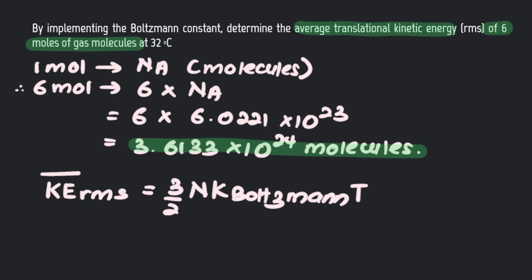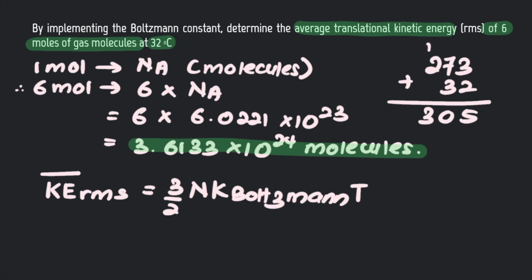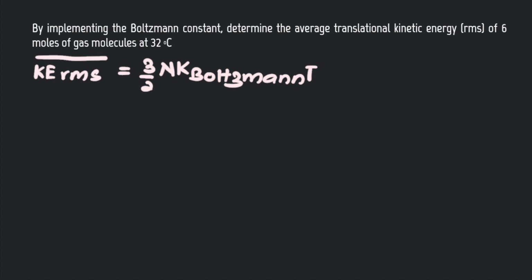And then the temperature should always be in Kelvin. So given to you is in degrees Celsius. So 273 plus 32, you will get 305 Kelvin. All we have to do is just plug in all the values that we have.